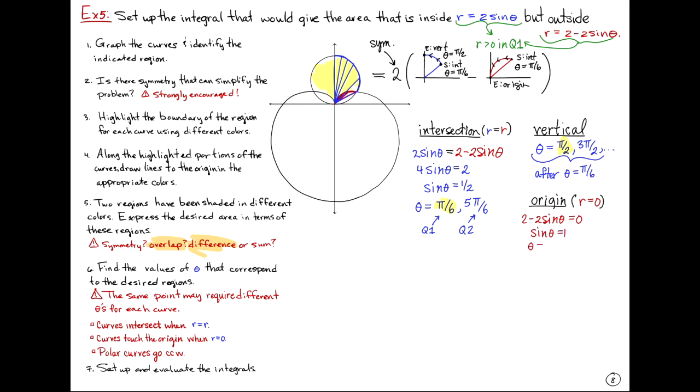Sine theta is equal to 1 at pi over 2, 5 pi over 2, and you could keep going. But we're looking for the one that occurs directly after the intersection point, which is theta equal to pi over 2. Let's label that on our sketch above.